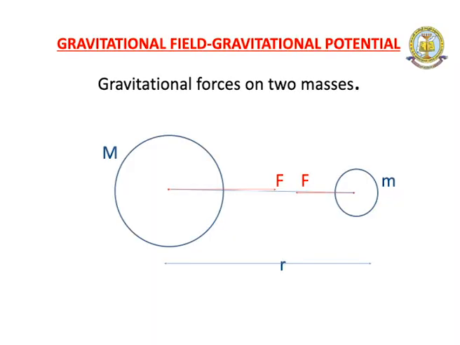Let us consider two masses: the earth with mass capital M and another body with small mass m, and the two masses attract each other, that is the gravitational field.